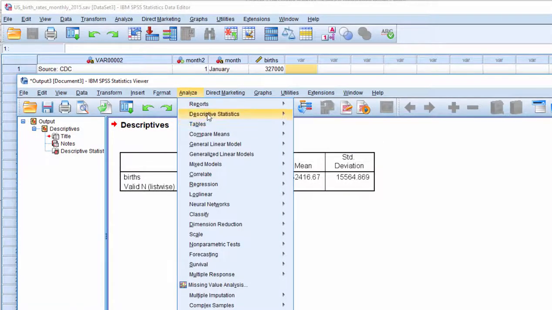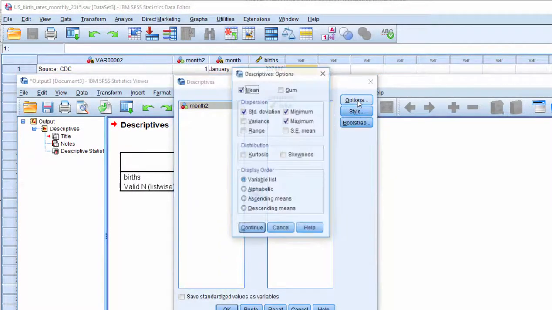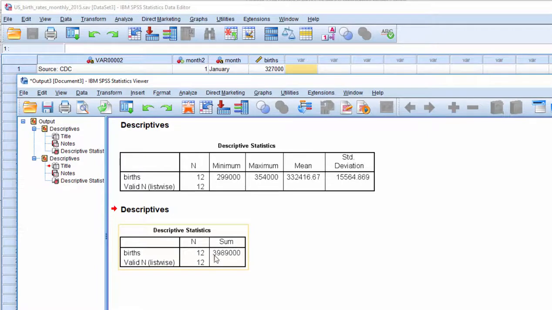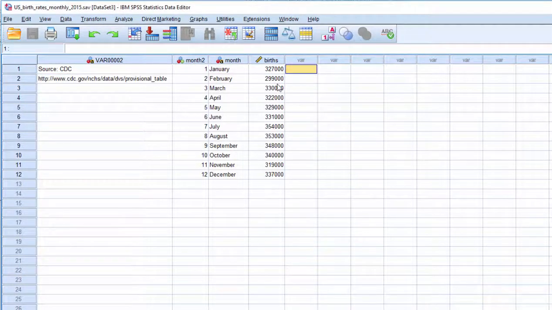Did I deselect sum? Let's see. There we go. 3989000. So I want to divide each month of births by that value.